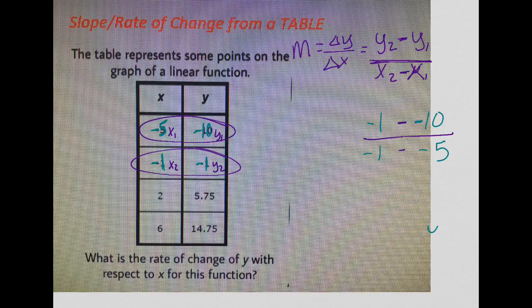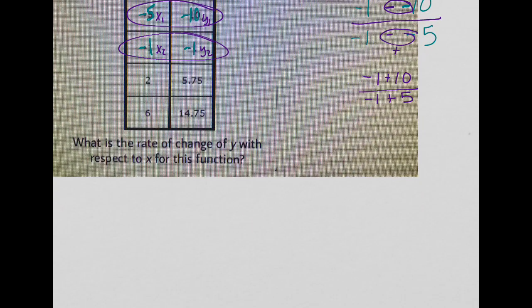Okay? So now I'm ready to simplify. 2 negatives are positive, so I can change this to -1 plus 10 over -1 plus 5, okay? And then I can keep simplifying that. -1 plus 10 is +9. -1 plus 5 is a +4.